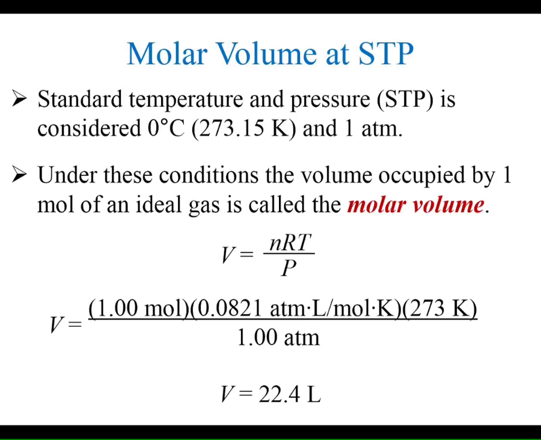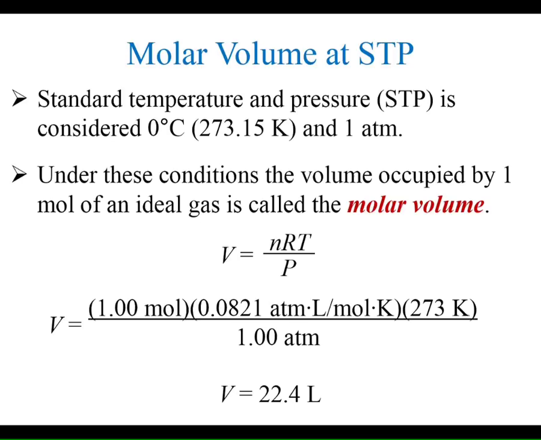Notice I didn't say what gas it was. It's kind of crazy to think about, but that means 1 mole of any gas at STP, at 273 Kelvin and 1 atmosphere, is 22.4 liters.